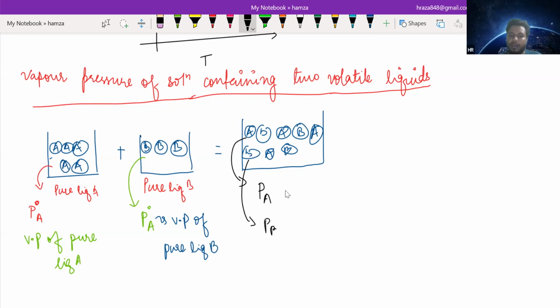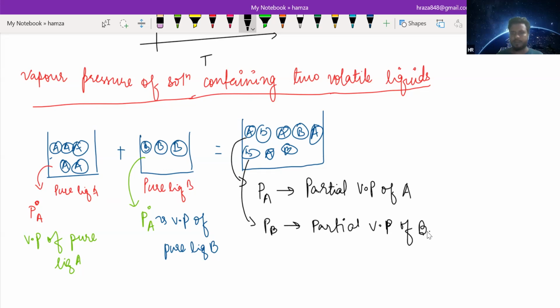PA means partial vapor pressure of A, or you can also call it partial pressure of A. And PB means partial vapor pressure of B.